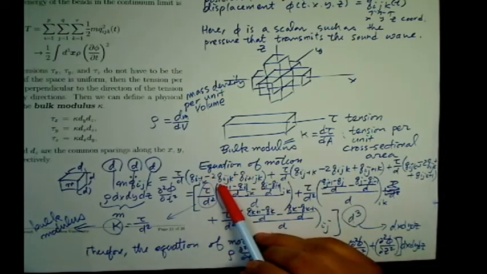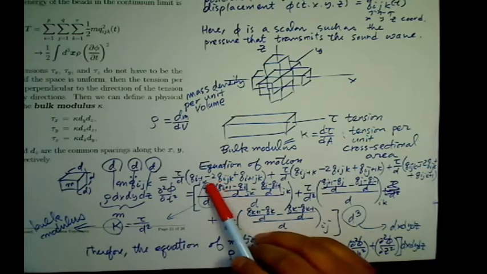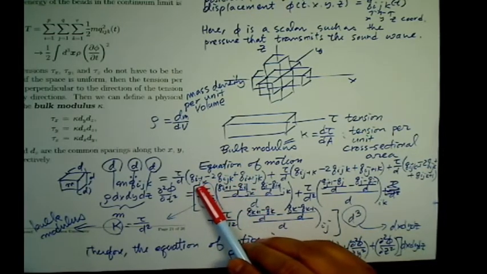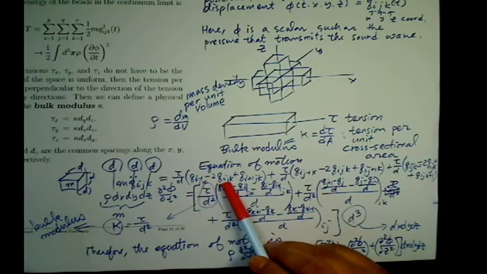The change along the x-axis is considered as keeping j and k the same, but varying this i.